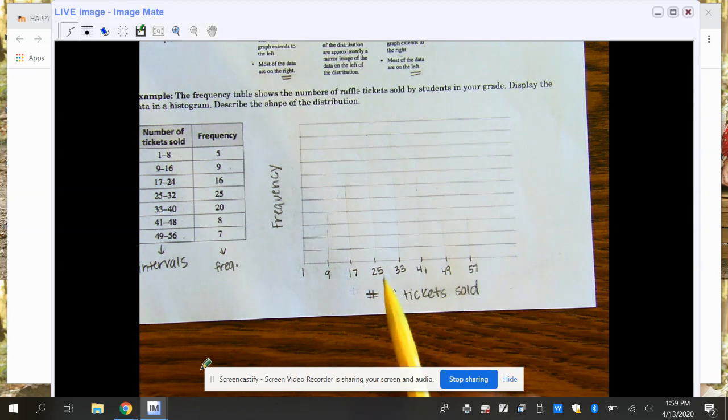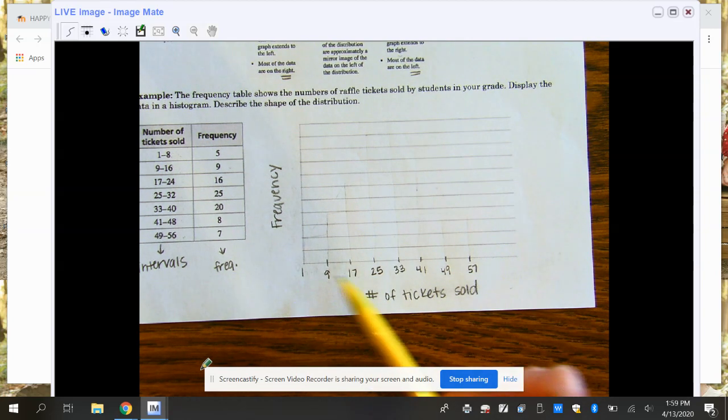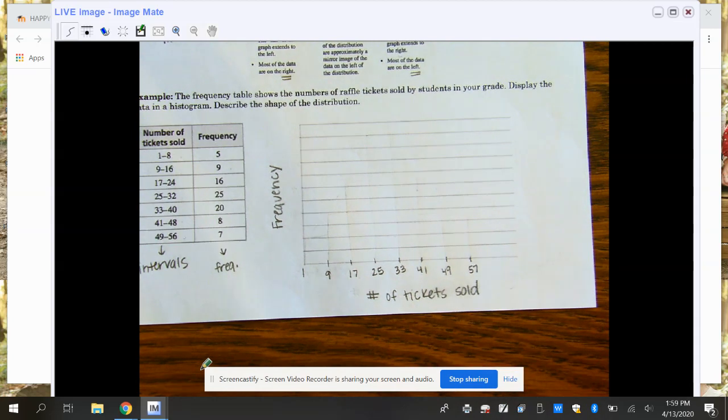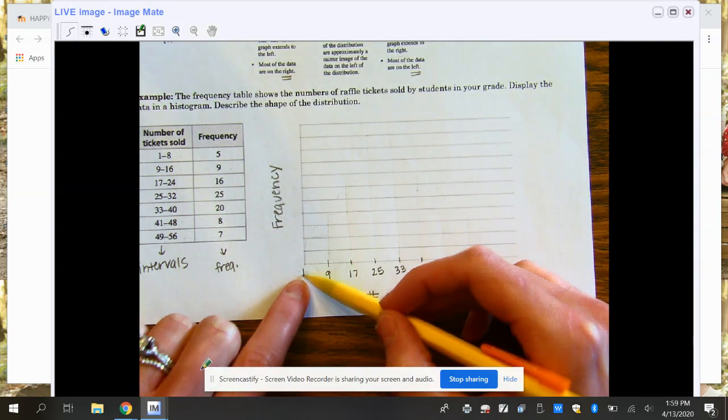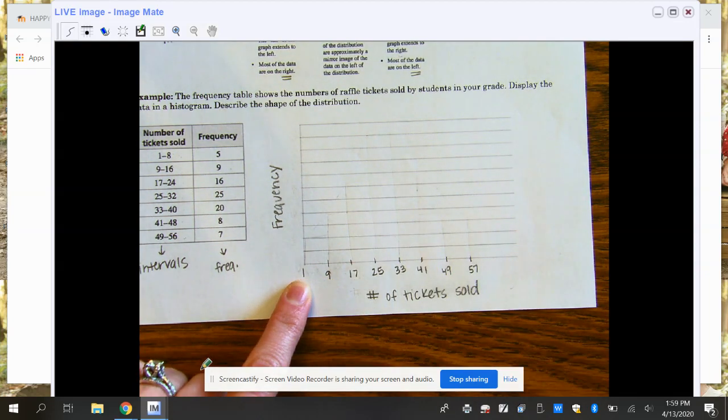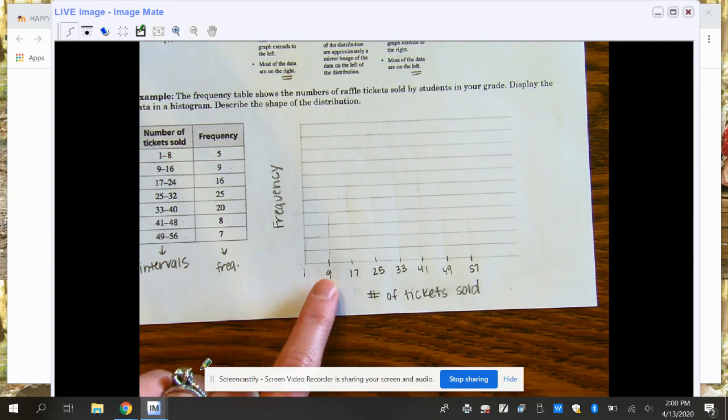Okay, and so what you have to understand is what this means about your intervals. So when we make our bars, the left number on your bar is always where your interval starts. The right side of your bar is going to be where the next interval starts.